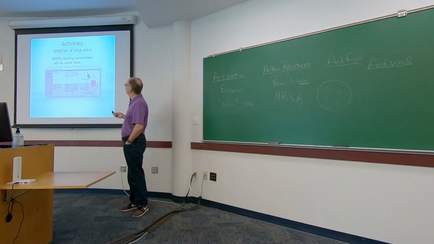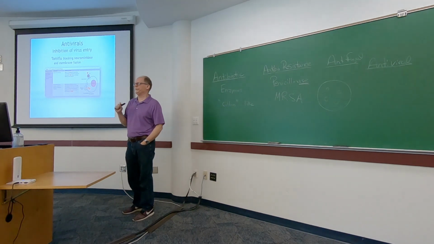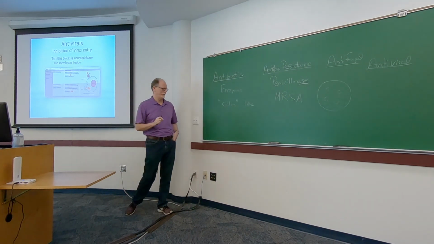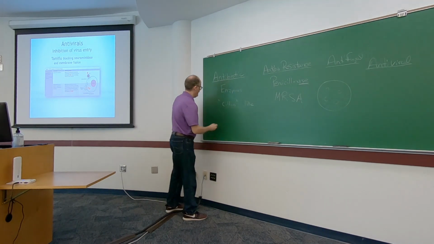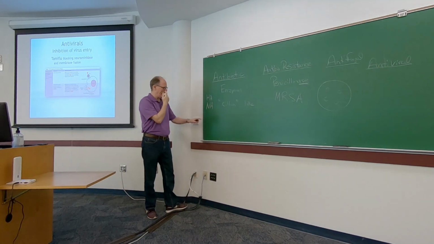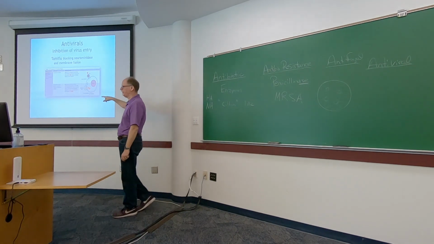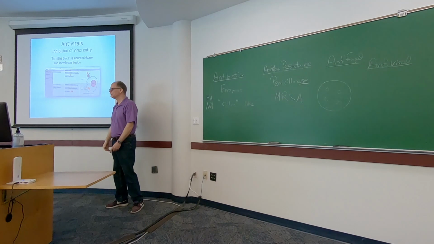So Tamiflu is a good example. Neuraminidase is the enzyme. When we did the virus section, I said they have the HA and the NA spike proteins. Well, NA stands for neuraminidase. I think that's how you say it.